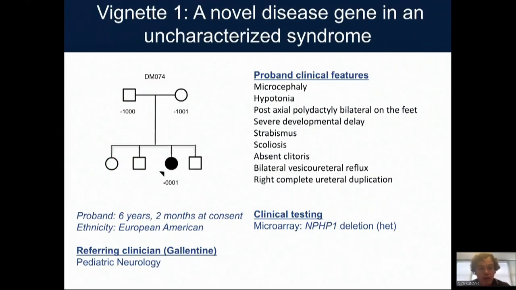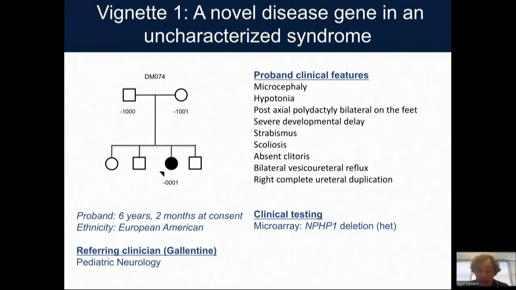So here's one, and this is unpublished, but I take this because it's one of the more recent things done, and it really highlights how, here's the family. The referral was frankly a little late, 8 months.